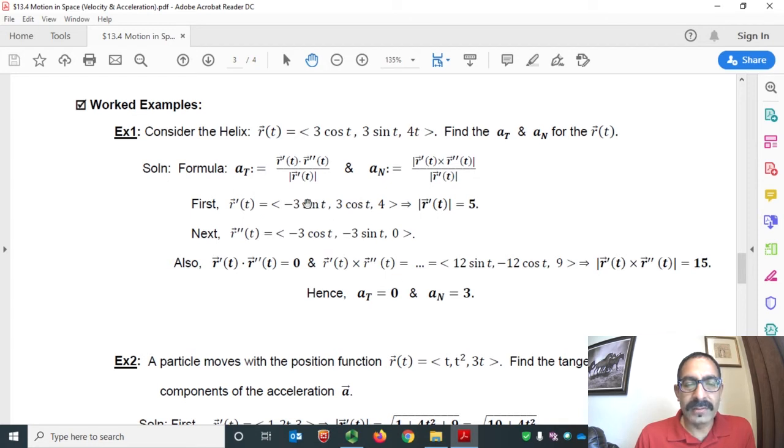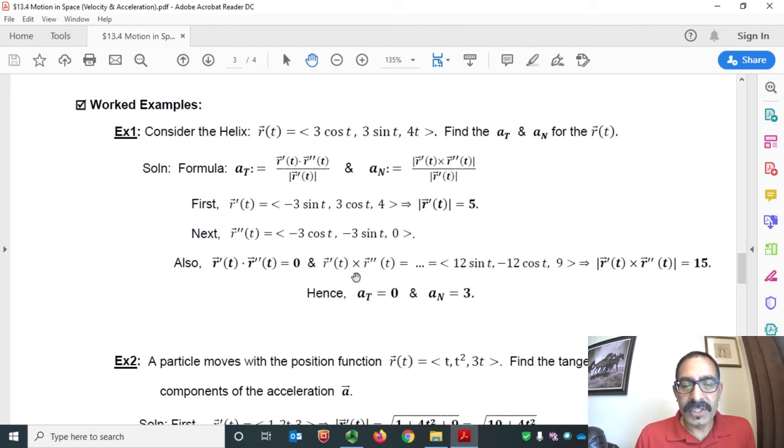So here, multiply this component: minus 3 sin t times minus 3 cosine t is 9 sin t cosine t. Second component: 3 cosine t times minus 3 sin t equals minus 9 cosine t sin t. So this cancels the first term. And then the third one here, 4 times 0 is 0. That's why the dot product is 0.